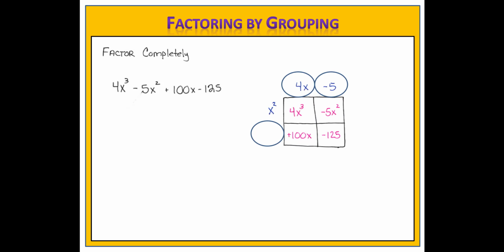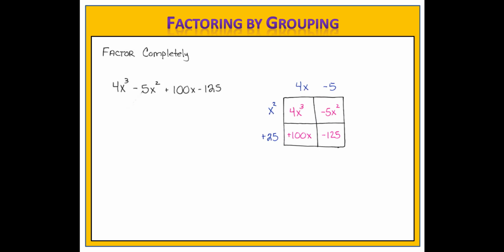Now I go down to the second row. Something times 4x equals 100x. What times 4x equals 100x? The number is 25, so I put a 25 in that position. And finally I can check. 25 times negative 5 equals negative 125. That's correct. So it looks like things are going okay so far.